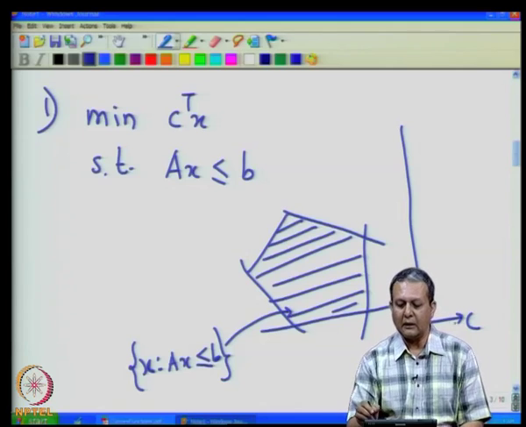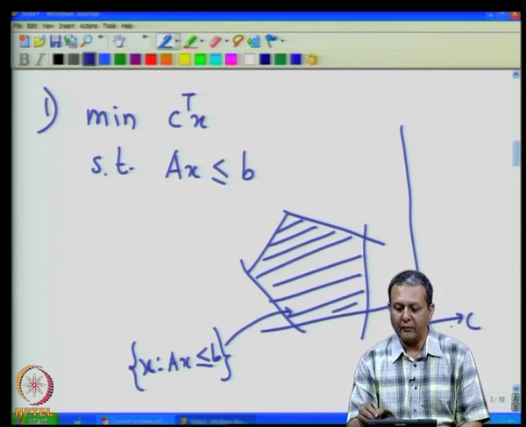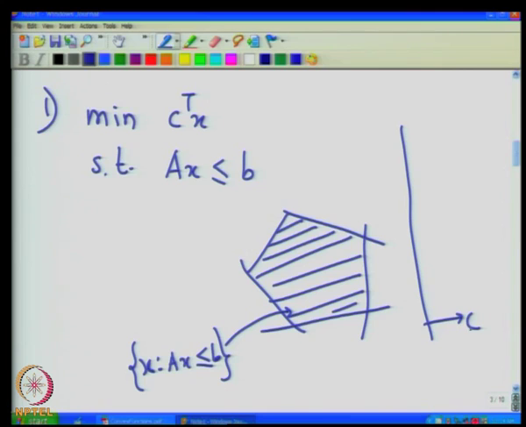So, the normal to that hyperplane is pointing in this direction. So, this is the function C transpose x. Now, this linear function we want to minimize. You will see that if we want to minimize this function, the minimum probably would occur at this point. Now, if we change the affine function, you will see that this is the only minimum for this, if our objective function is C transpose x, where C is a vector in this direction.